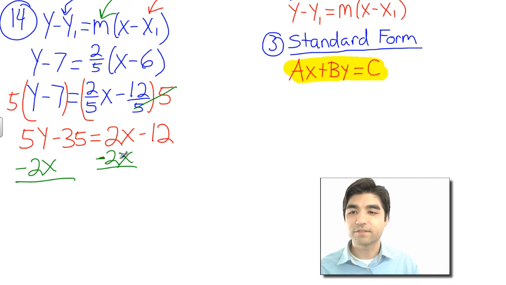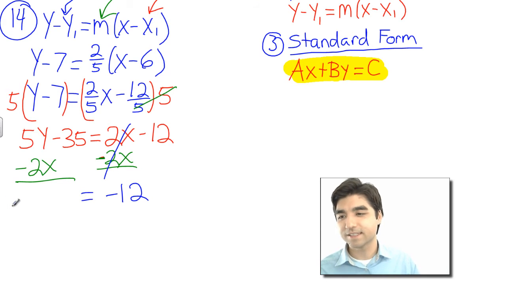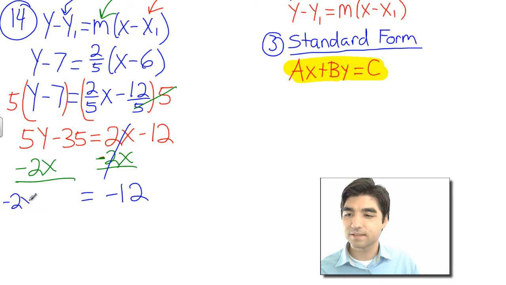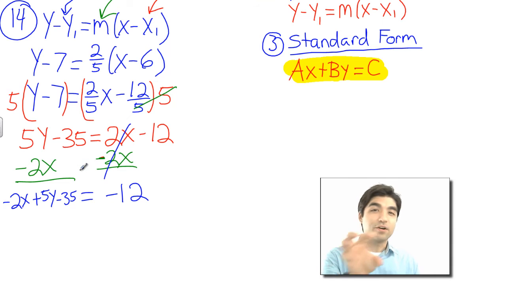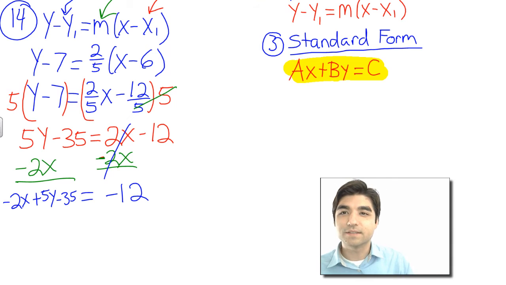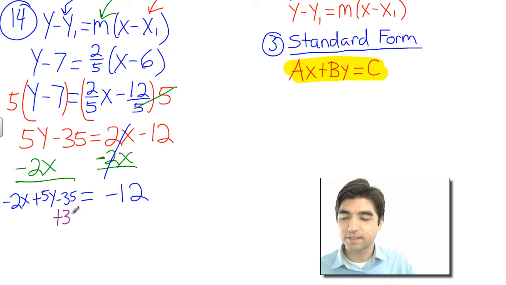Okay, so the x's on the right hand side cancel out, and we just have -12. And then on the left hand side we have -2x plus 5y minus 35. Okay, then we need to get that 35 over to the other side, so we're gonna do plus 35 to get rid of it.